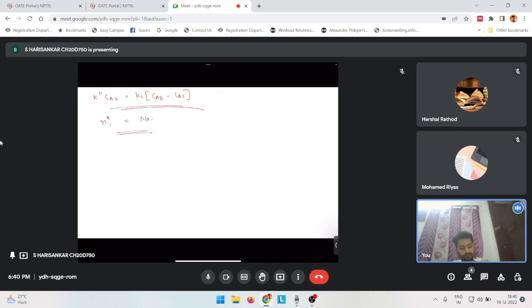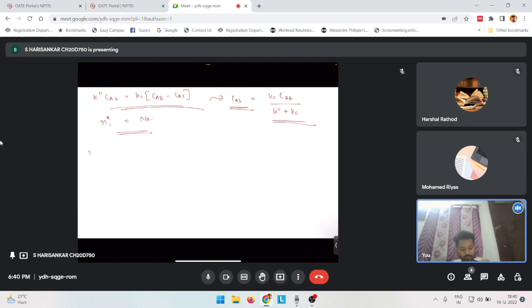So from this we can find a term for CAS, right? So CAS will be equal to Kc into CAB by K double dash plus Kc.